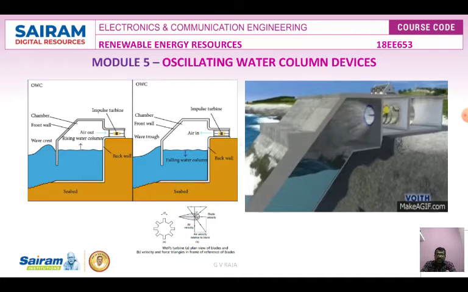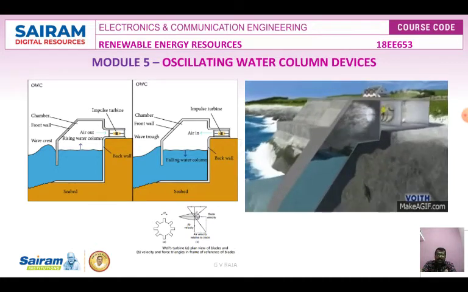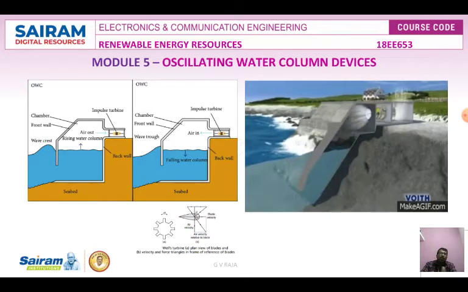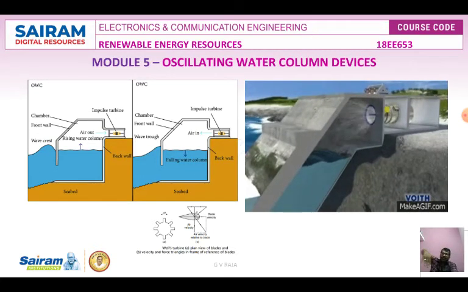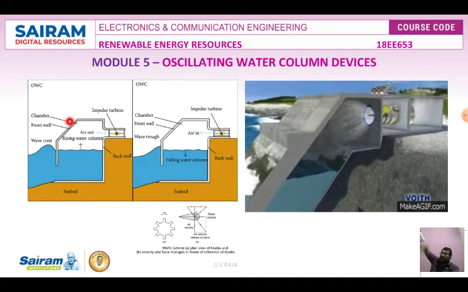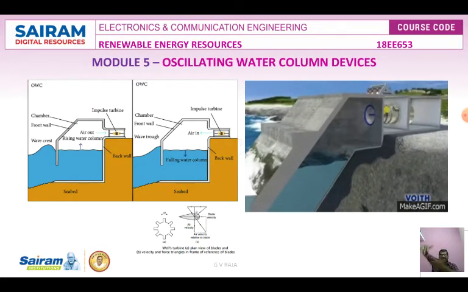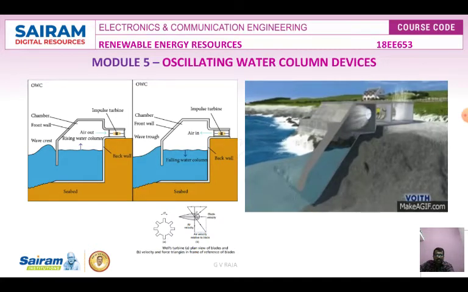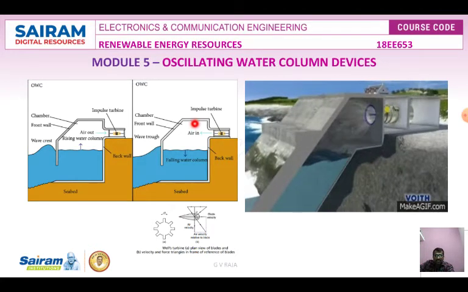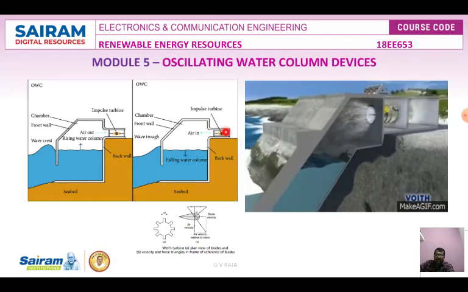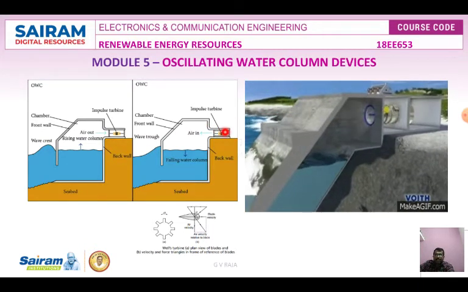It is the form of terminator in which the water enters through the subsurface opening of the chamber. The chamber will be opened whenever the waves fall onto this, trapping the air above. When it reaches here, the air will be passed above through the turbine, so the turbine starts to rotate.